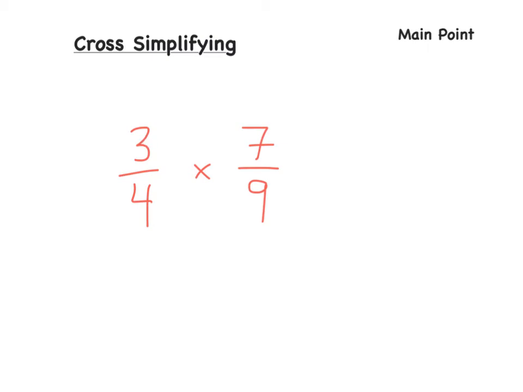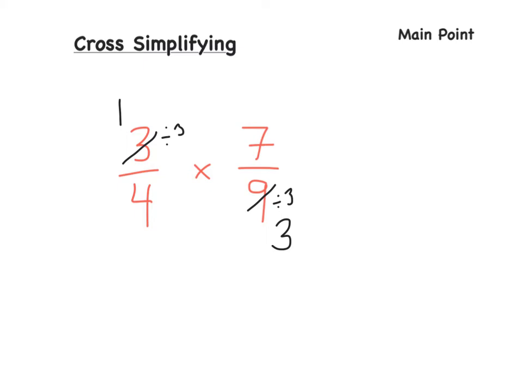What's the greatest common factor that has 3 and 9? We could divide by 3. If we divide it by 3, you get 1. And then if you divide the 9 by 3, you get 3.